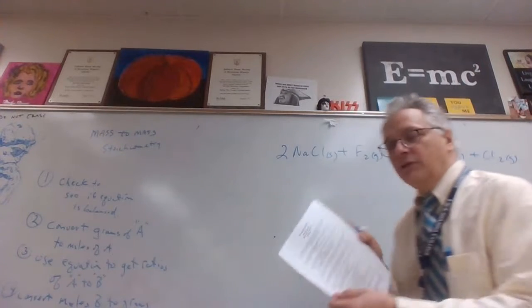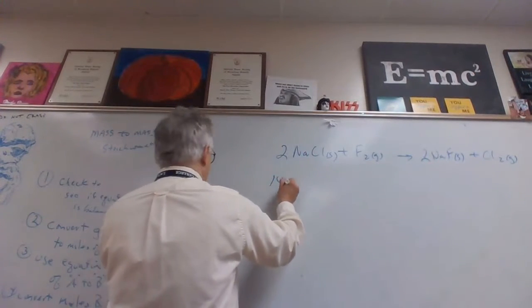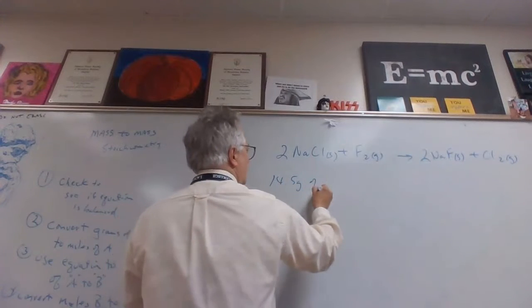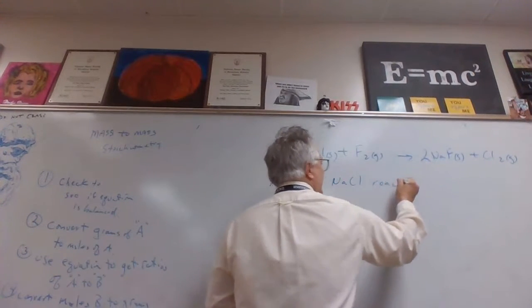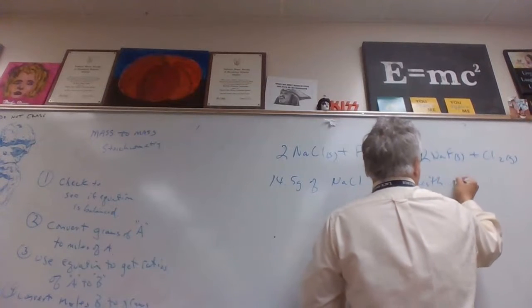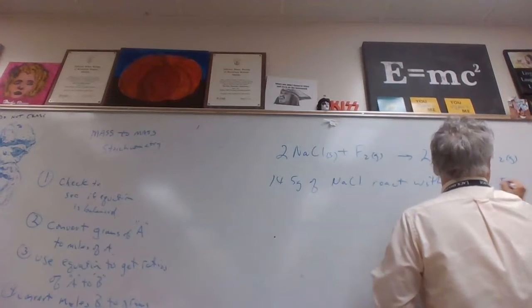Now, if you look at your old worksheet, it says something like 14.5 grams of sodium chloride react with excess fluorine.